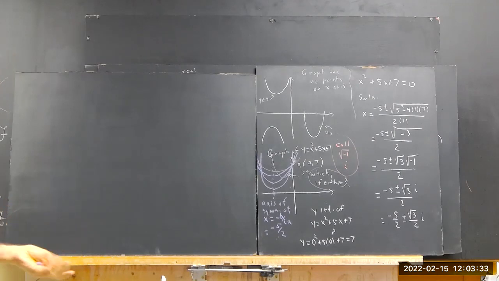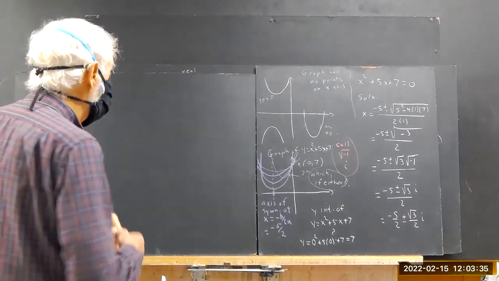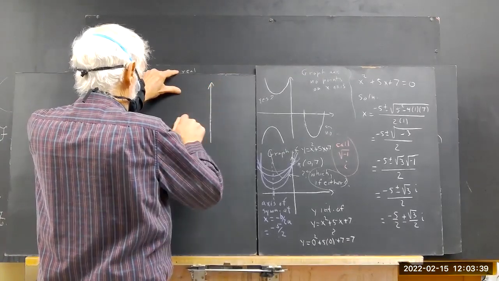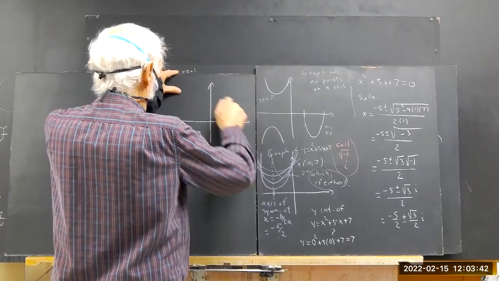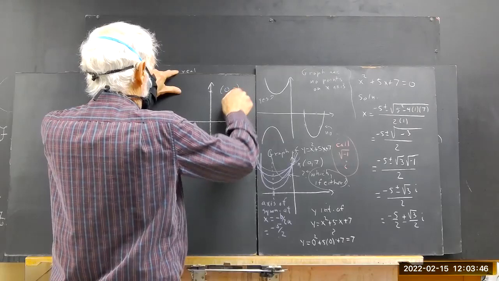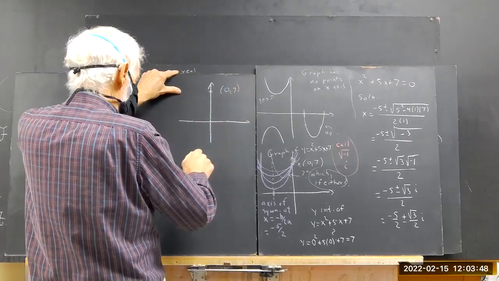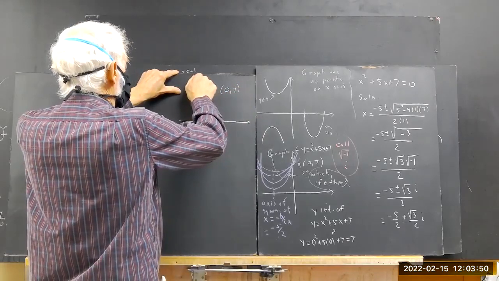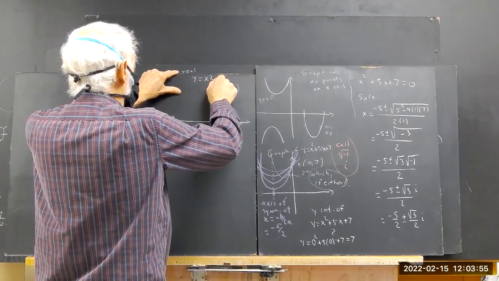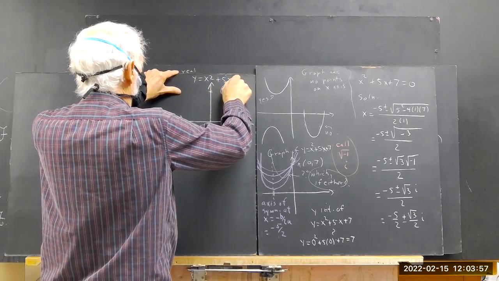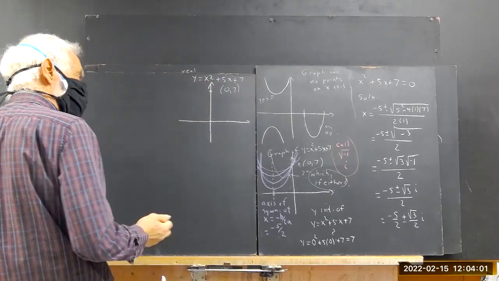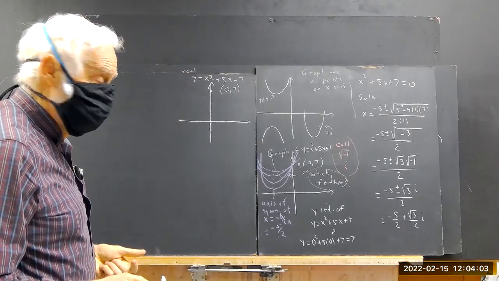Okay, so now, what do we know about this? Now this is y equals x squared plus 5x plus 7.